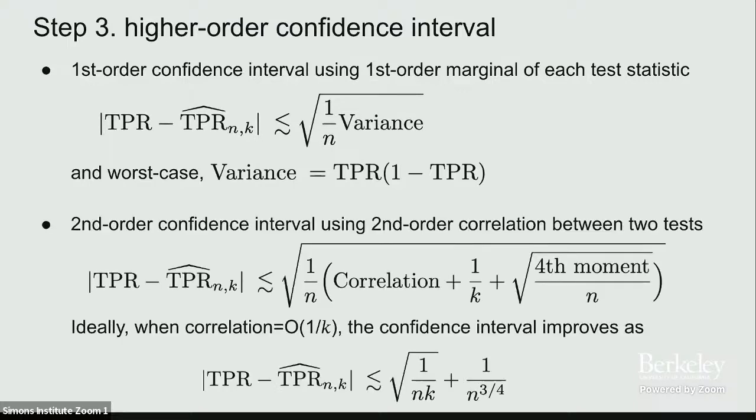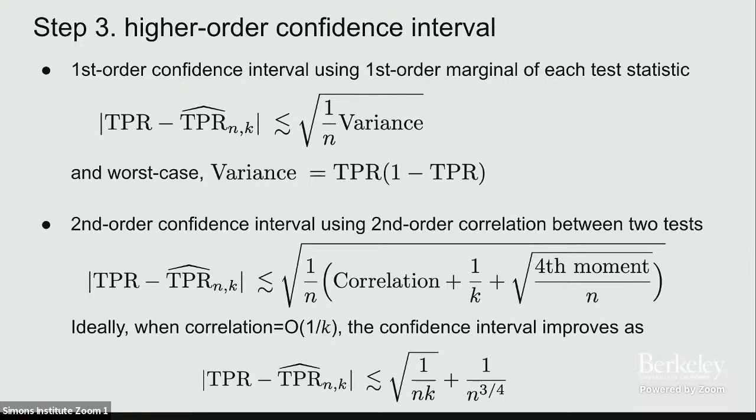Or we could use more interesting concentration results for Bernoulli random variables that could have dependence, so they can be correlated. If you go back to your statistics textbook, there are a lot of these second order and fourth order results.